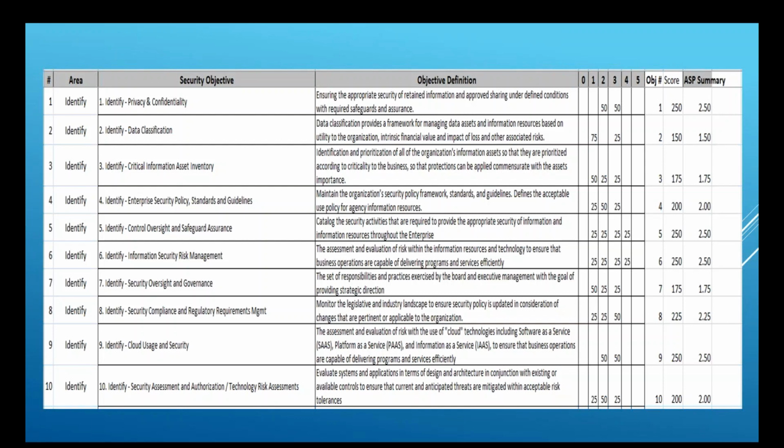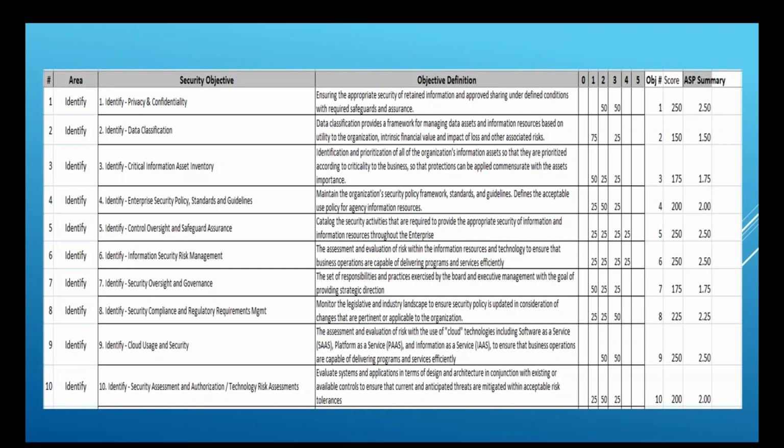Do we have a policy that defines our data classification? And then are we adhering to those policies and have procedures? Again, in this case, I've scored 75% in level 1, where it's mostly reactive and undocumented, but also in level 3, where we talk about measuring compliance, I've scored us 25%.